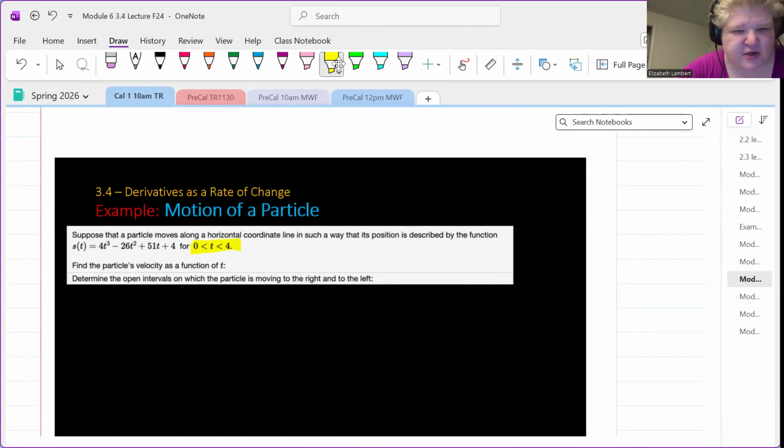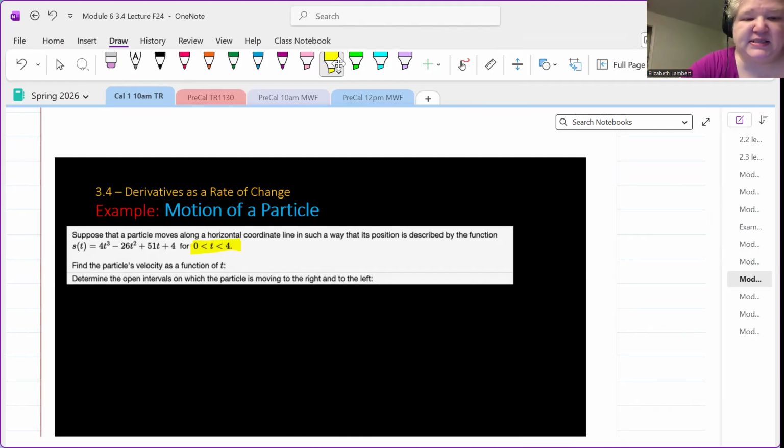So suppose a particle moves along a horizontal coordinate line in such a way that its position is described by the function blah for 0 less than t less than 4. Find the particle's velocity as a function of time. Determine the open intervals on which the particle is moving to the right or to the left.